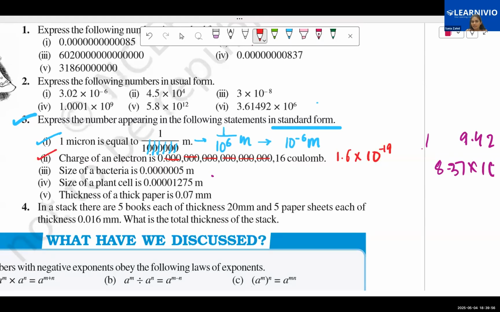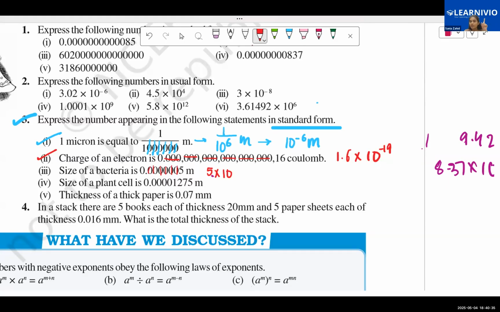It says the size of a bacteria is 0.00000005 meter. So what will you do here, Harmeen? Tell me the answer. First, we have to write 0.5 into 10 raised to the power 6. How many places are there? 1, 2, 3, 4, 5, 6.